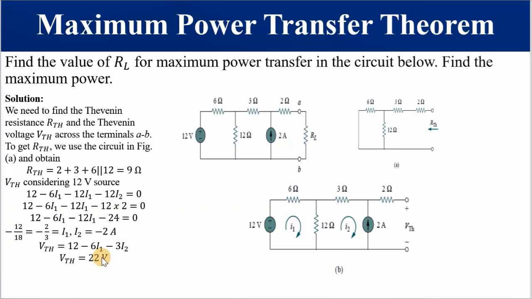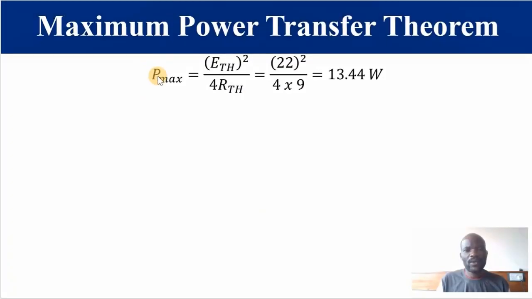In the next slide, we are now going to calculate the maximum power delivered to RL using the equation that we derived. The formula that we derived is E-Thevenin squared divided by 4 times R-Thevenin, or 4 times RL, where RL is equal to R-Thevenin.